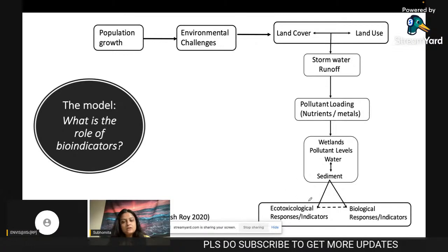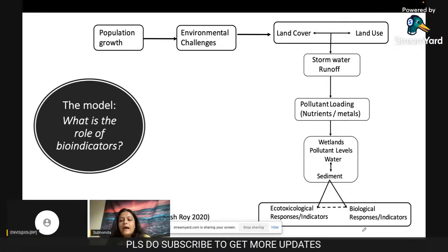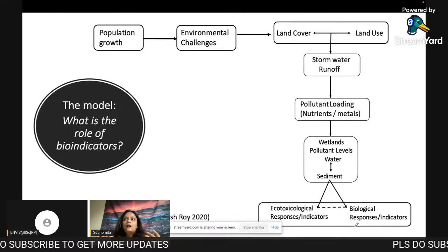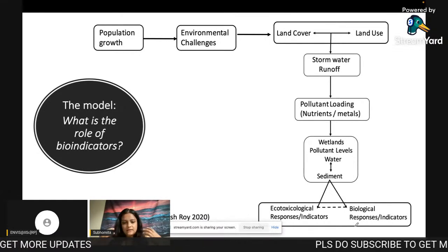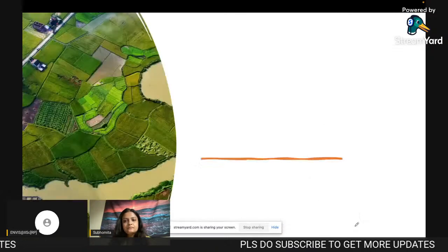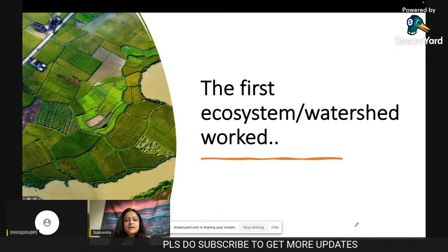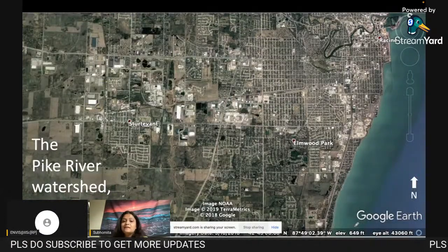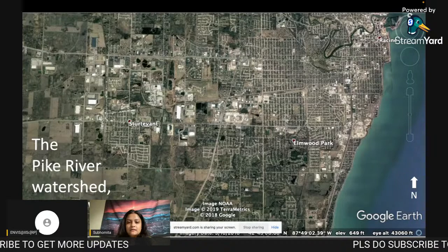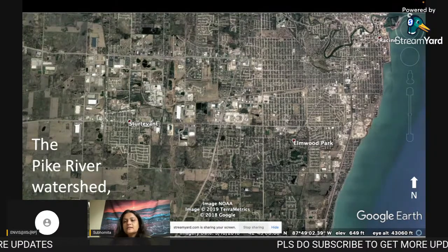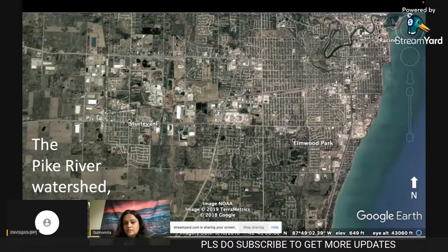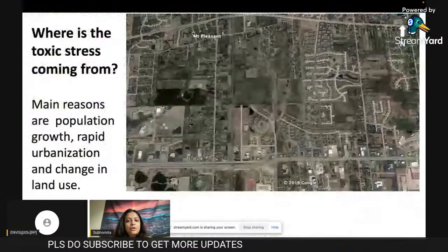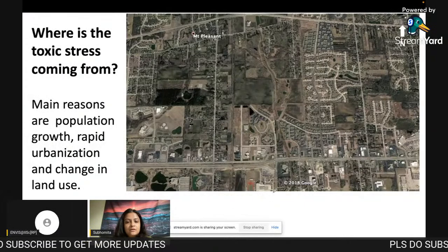Firstly, ecotoxicological, which are plants mainly, and then some biological response signatures, which are the native bacterial species living in that ecosystem. So the first ecosystem that I worked on was the Pike River watershed, Racine in Wisconsin, and this is the entire watershed. It's a heavily urbanized, highly populated watershed, and it's just beside Lake Michigan. So that's how this watershed looks.